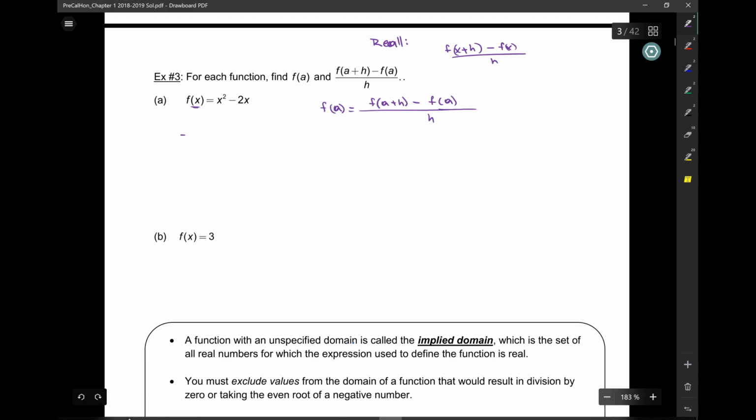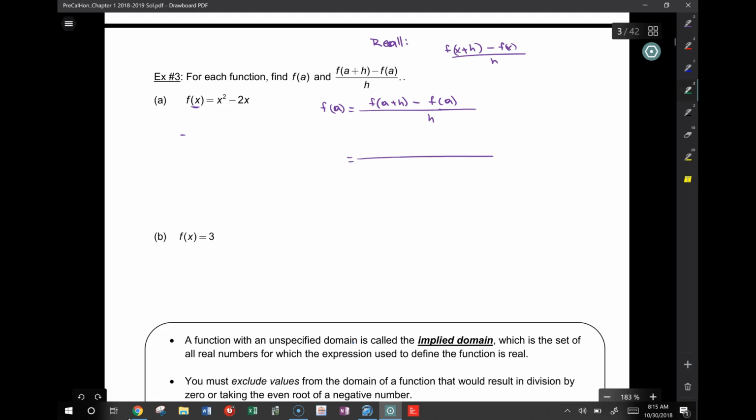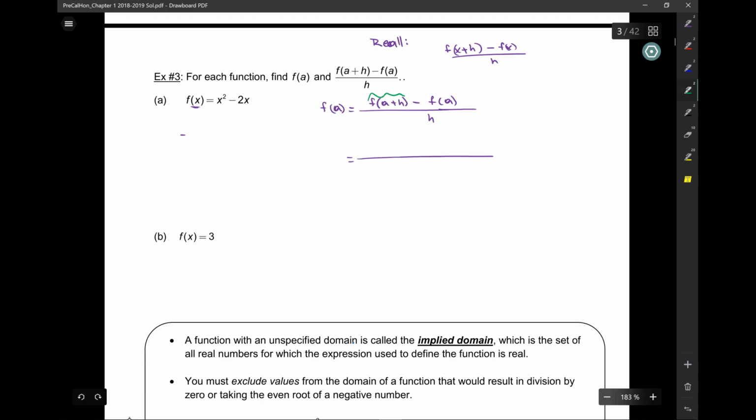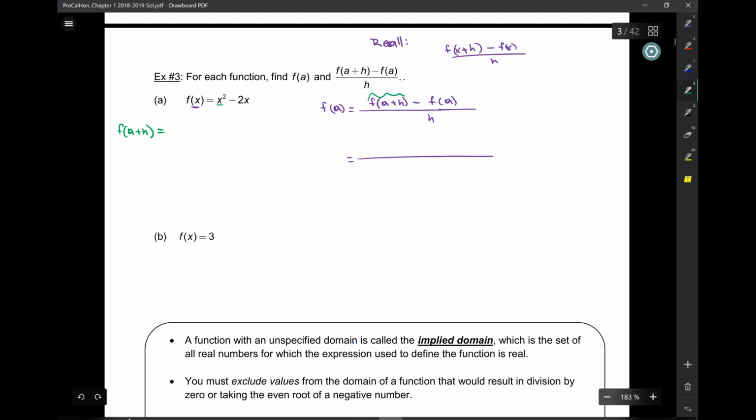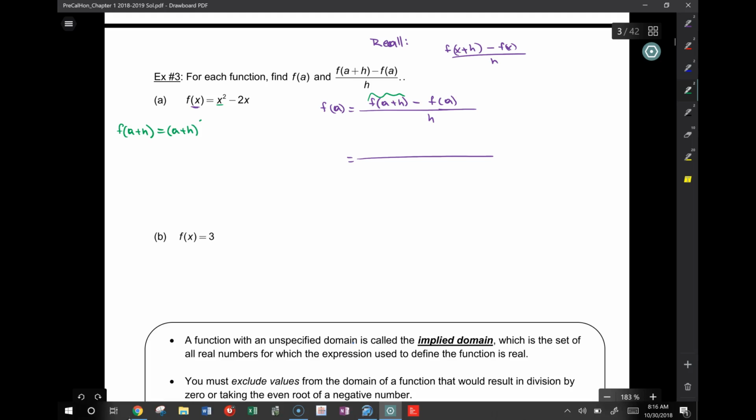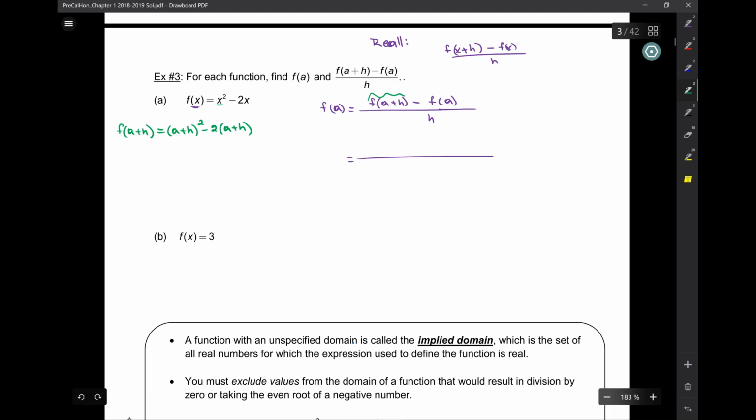So now, let's see what this is going to look like. I'll color code. F of a plus h, right? Where is my f of x? This. So now, what's f of a plus h? What do I do? That means for everywhere I see an x, I'm going to put in a plus h. Does that make sense? This is f of x. I'm given f of x.